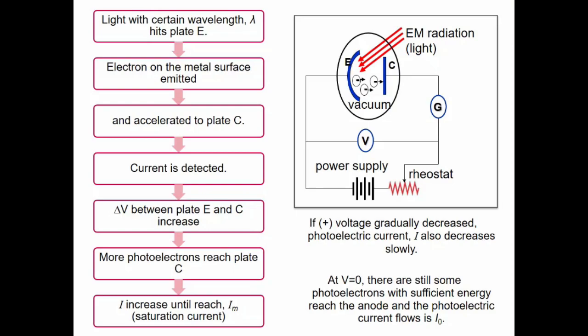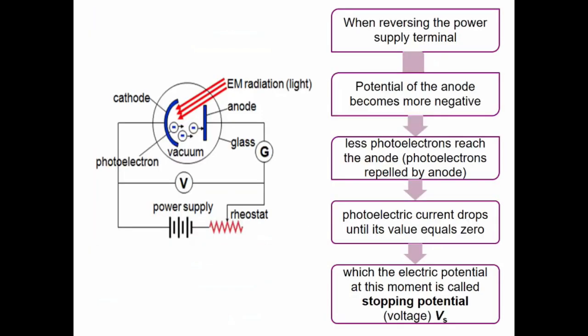If the positive voltage is gradually decreased, the photoelectric current also decreases slowly. Even at zero voltage, there are still some photoelectrons with sufficient energy to reach the anode, and the photoelectric current that flows is I naught. Finally, when we reverse the power supply terminals, the photoelectric current decreases even further to very low values, since most photoelectrons are now repelled by the anode, which now has negative potential.